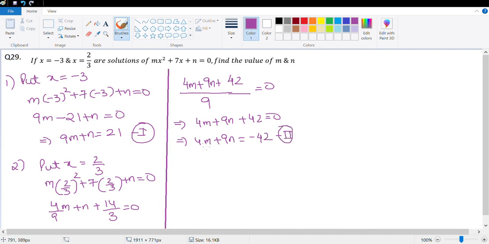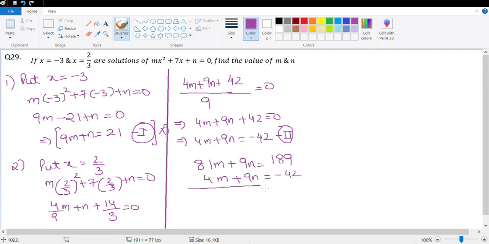Well, let's try and solve these equations. I can multiply the first one with 9. That will help us equate the coefficient of N. Right, so let's multiply the first one with 9. So that's 9 into 9, 81M plus 9N is equal to 21 into 9. That's 189. Here we have 4M plus 9N is equal to negative 42.